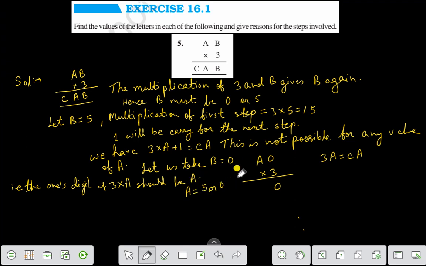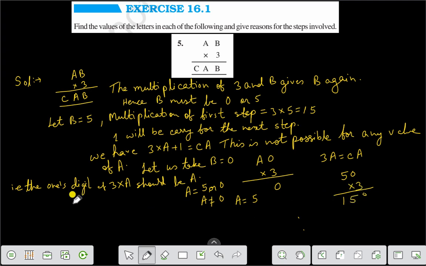A cannot be 0, so A will not be equal to 0. If we take A is equal to 5, then 5 into 3 is 15.